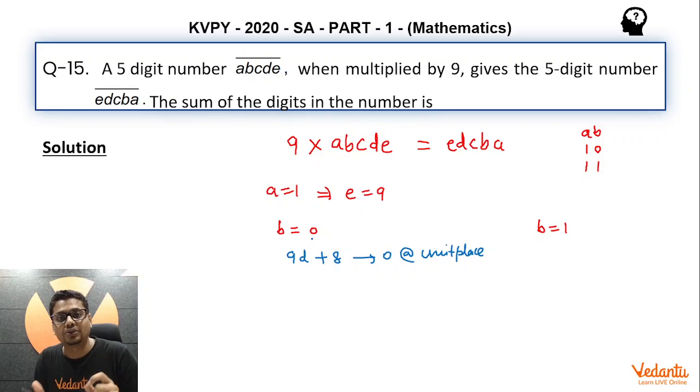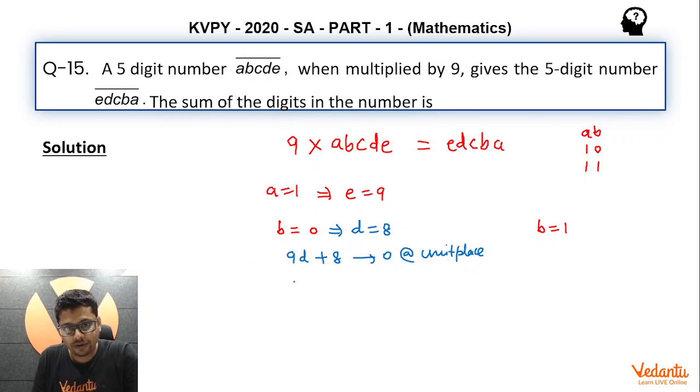B is supposed to be 0. Similarly, as you keep exploring, you would be able to conclude that D is supposed to be 8. 9 times 8 is 72, plus 8 is 80. So 0 you get as B, which is consistent with this case. That means when B is 0, D has to be 8.